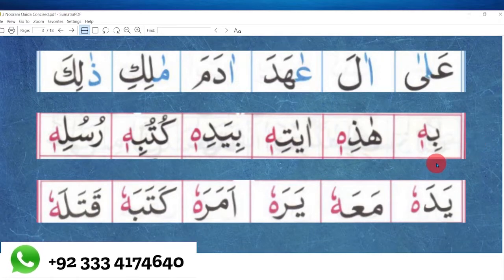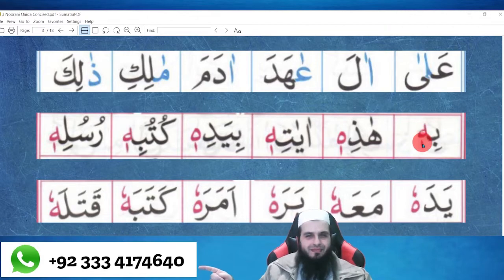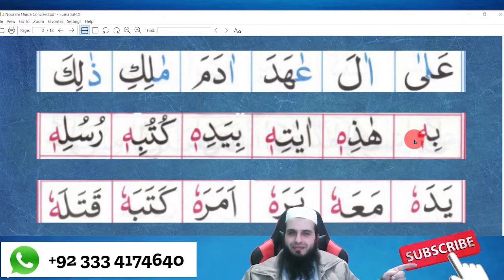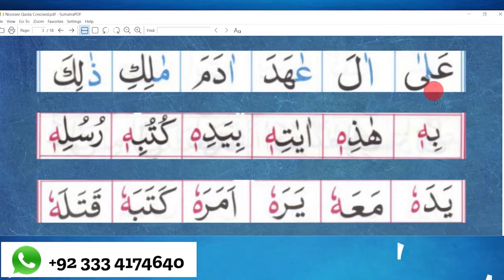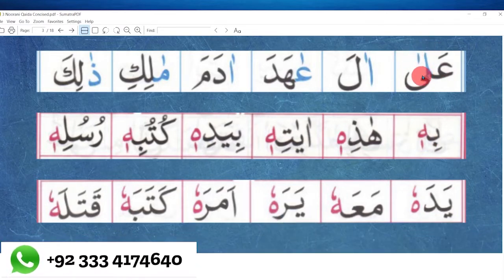However, if the standing zabar, standing zair or standing pesh or any other sign comes above the round ha or the round ta, then they will turn into jazm. However, if they appear above or below any other letter at the end of a word, then they will not change whether we regularly read it or whether we stop there.